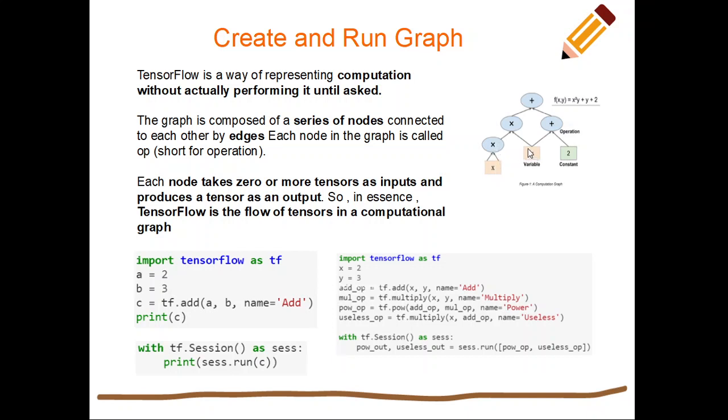Okay, and then there's another node and we are giving this x square and y here. So x square into y, that is what is going to be the output of this, and then y we are giving to another node and we are adding this 2, so this y plus 2 part, and the output here is y plus 2, and the output here was x square into y, right?